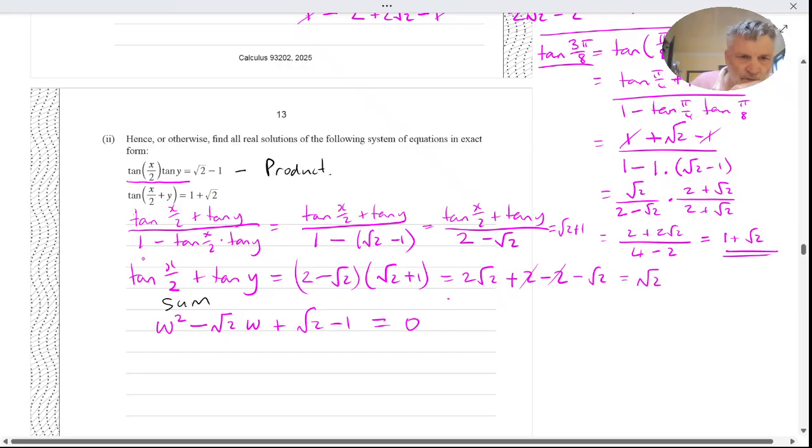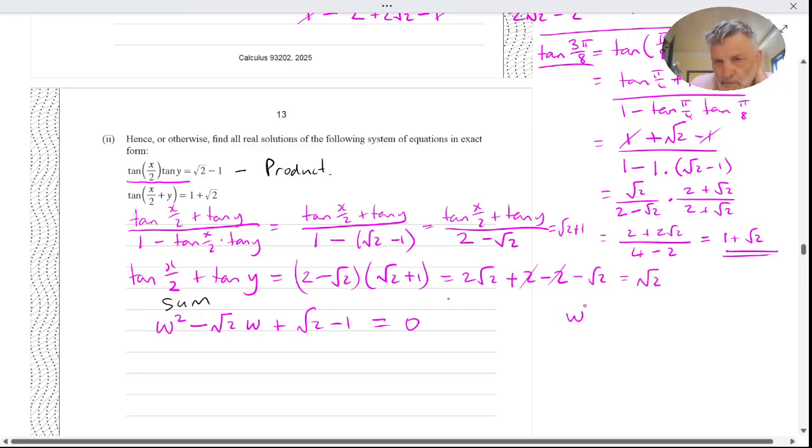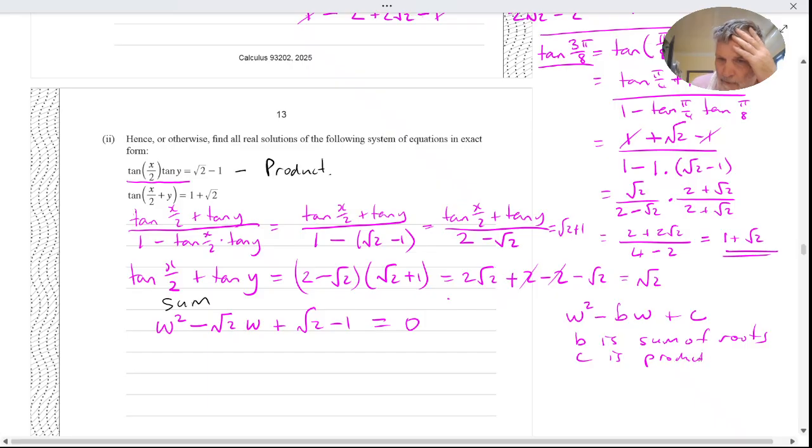So our two things, tan x over 2 and tan y, have to satisfy this quadratic equation. So quadratic equation, w squared minus bw plus c. b is the sum of the roots, and c is the product of the roots.